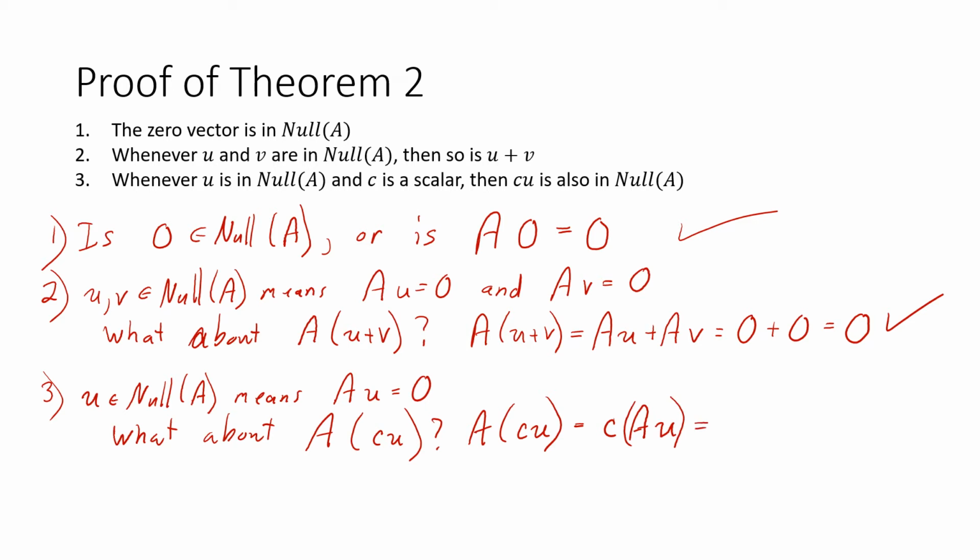And we said that since U is in the null space, A times U is 0. So this is equal to C times 0. Any scalar times a 0 vector is equal to 0. So yes, CU is also in the null space. So all three properties hold.